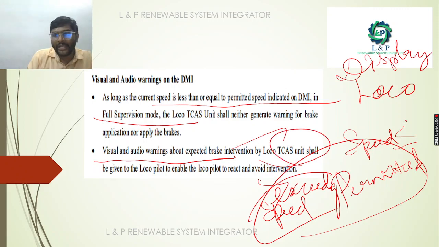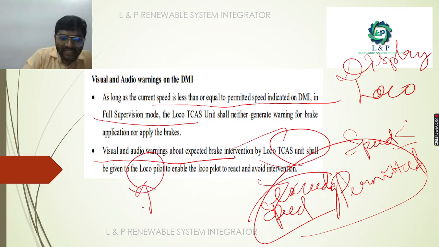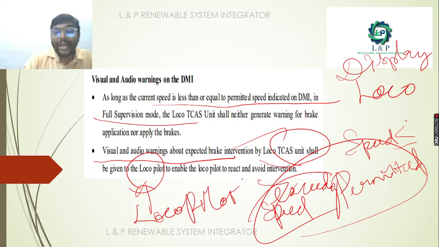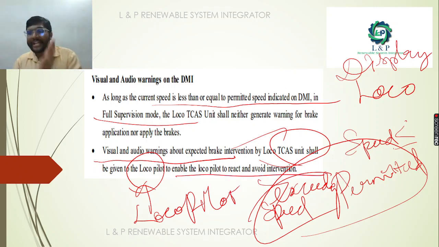It will be given to the LP, that is the loco pilot, to enable the loco pilot to react and avoid intervention. So visual and audio warnings will be provided to the loco pilot to enable the braking intervention to avoid any sort of issues.